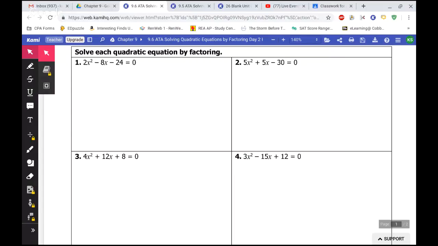So on number 1, let's look at that. And there's a greatest common factor that will come out of that. Each term is divisible by a certain number. And what number is that? Anybody have a guess? 2. Good job.